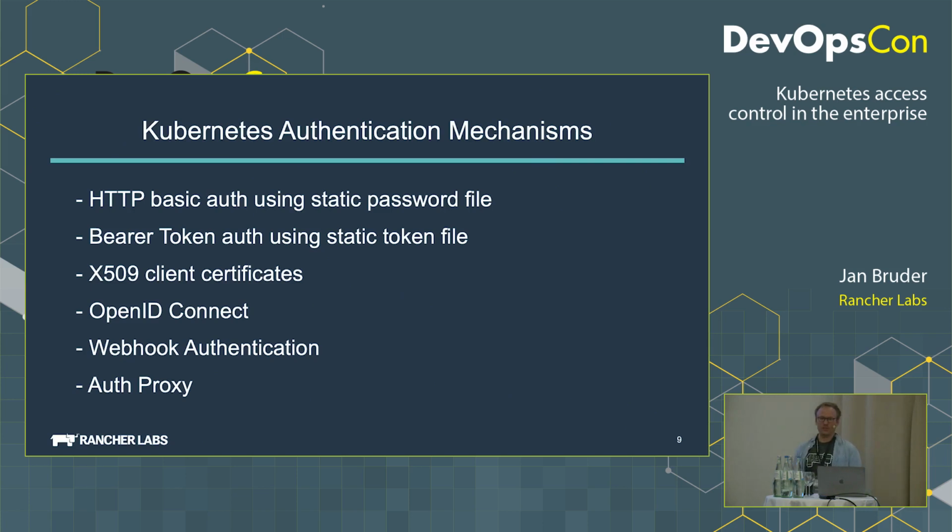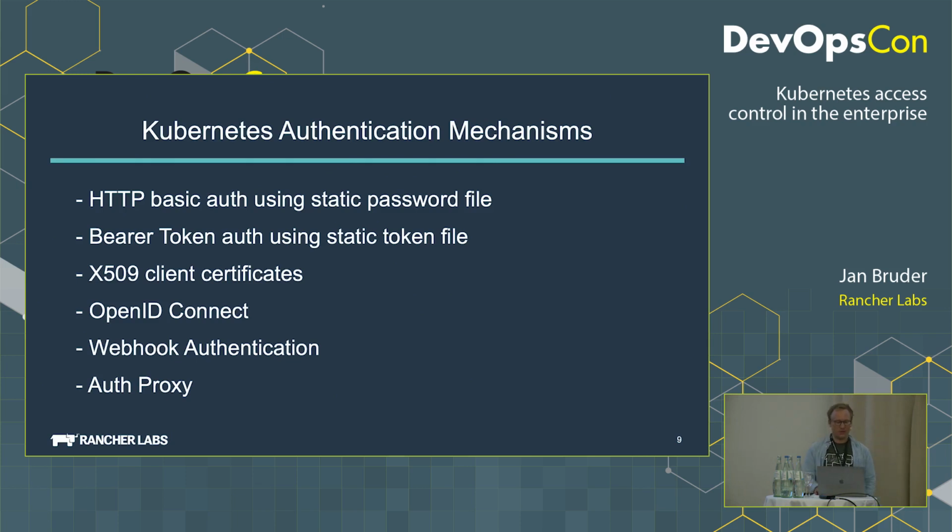So not really interesting, especially if you are talking about enterprise. So the next interesting one is actually client certificate authentication, and we're gonna look at this a little bit more. And also OpenID Connect is a very interesting one.